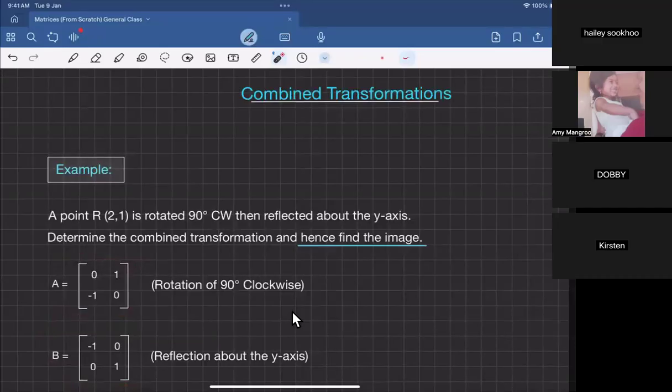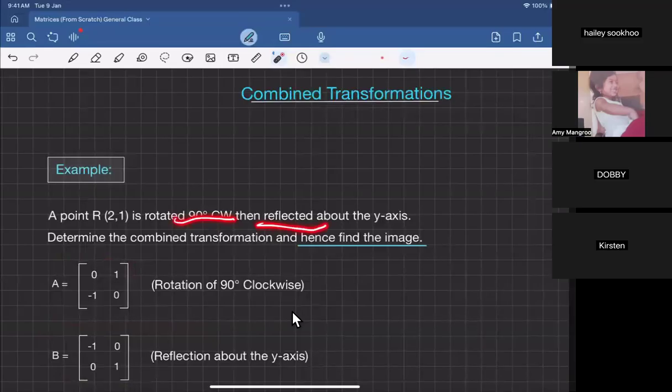Now, Kiera, logically, you would multiply what by what, in what order? Would you multiply A by B or would you multiply B by A? They mean two different things. You would do A by B, right? Because you're rotating it first and then you're reflecting it.